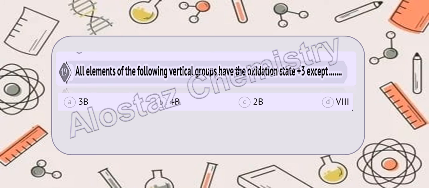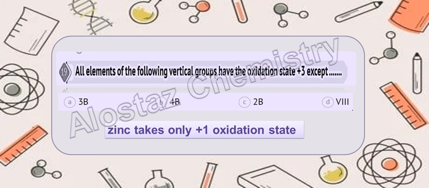Zinc takes only one oxidation state, as zinc is present in group 2B. We can write 2IB or 2 as a digit, 2B.